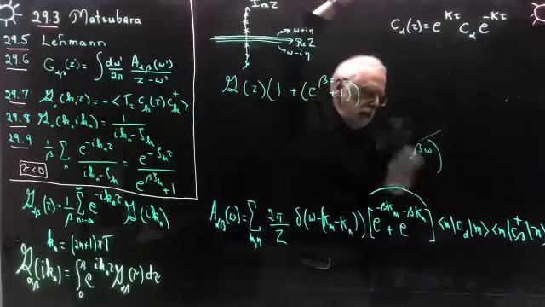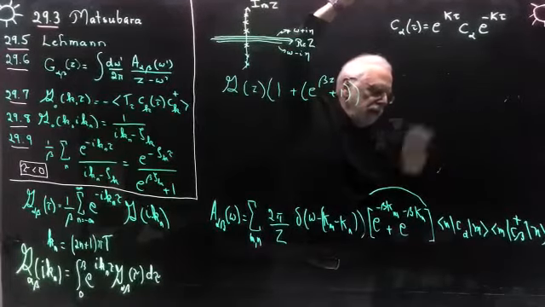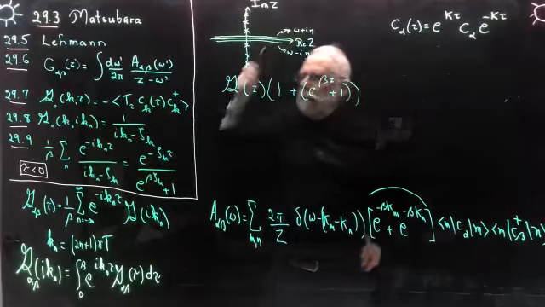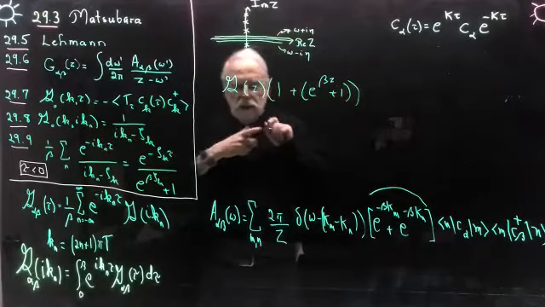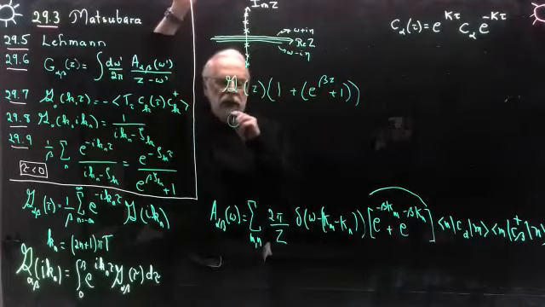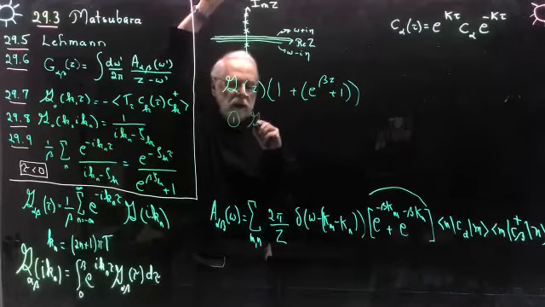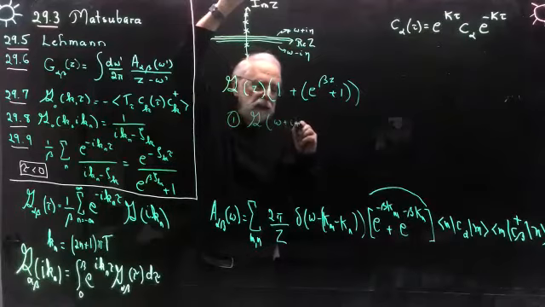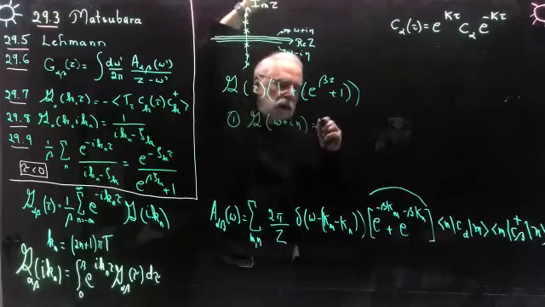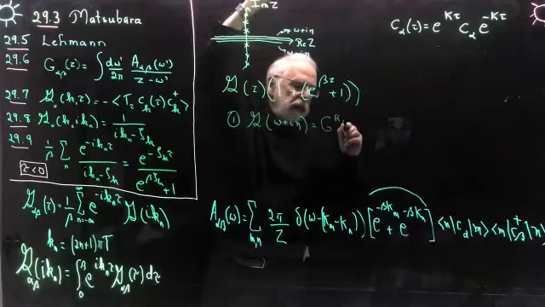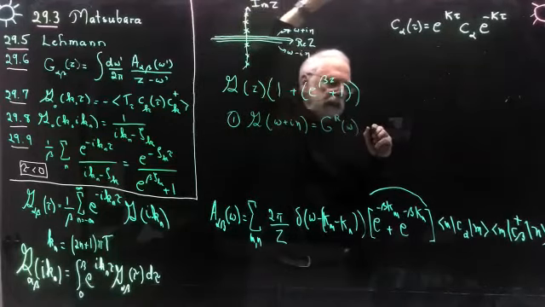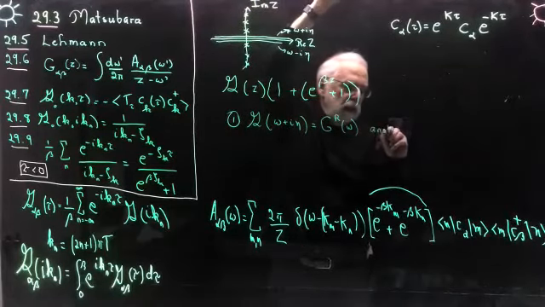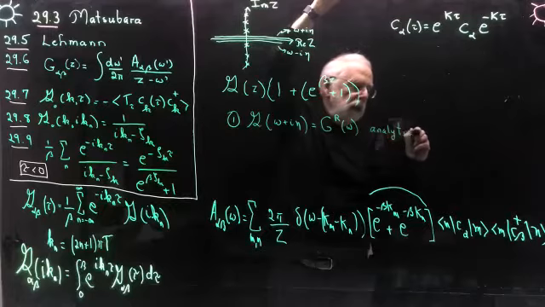But there's a theorem that says the following. If you analytically continue and you find a G of omega plus i eta, which is equal to G retarded of omega, that it is analytic in the upper half plane.